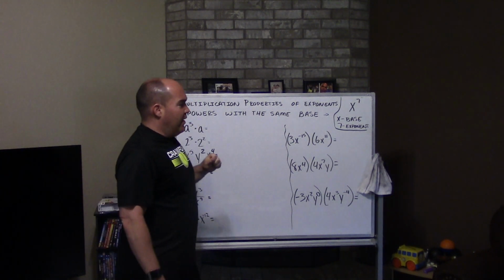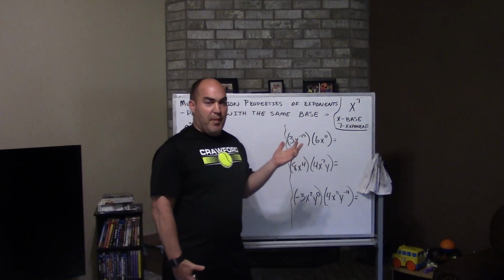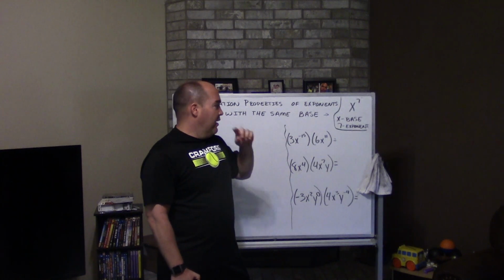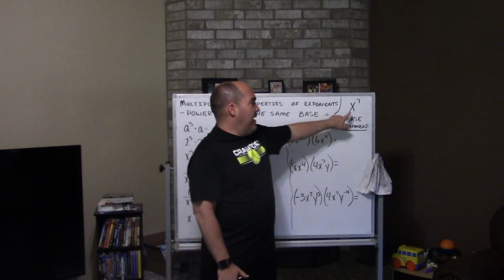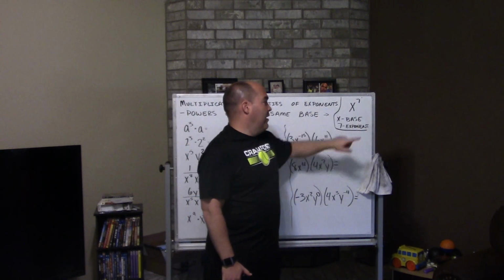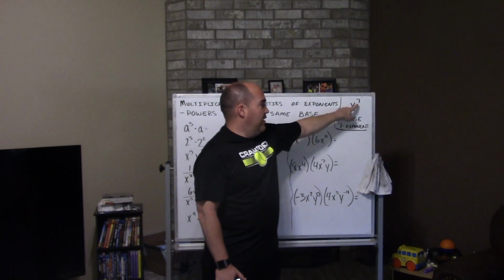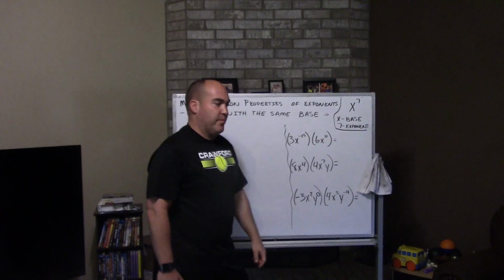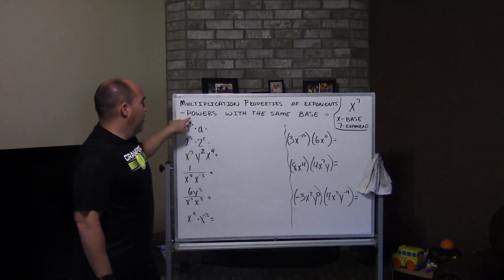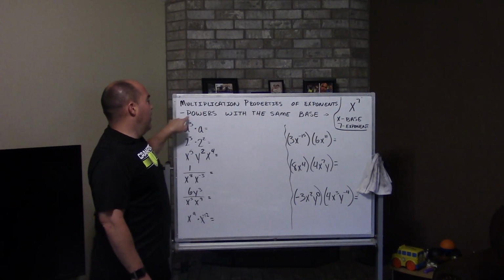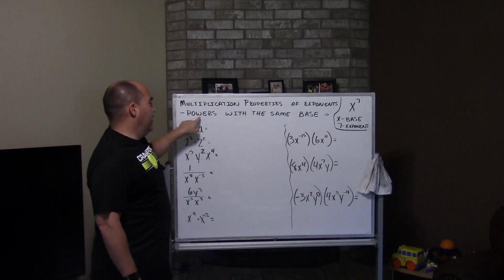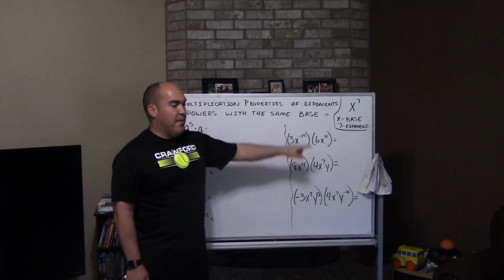And then today we got to make sure we remember some terminology that we talked about in the past. If I have x to the 7th, then x is the base, and 7 is the exponent, the little raised number up there. Alright, so today we're doing multiplication properties, and we're doing powers with the same base.